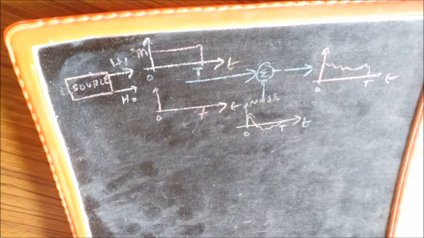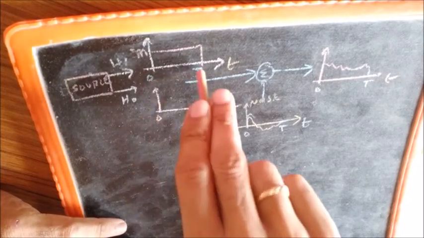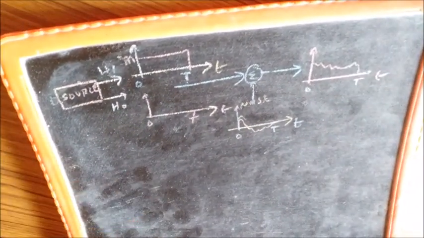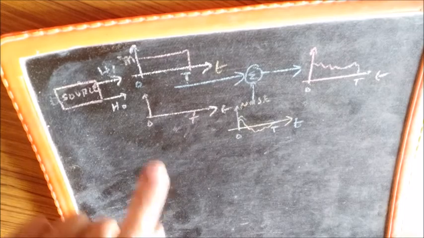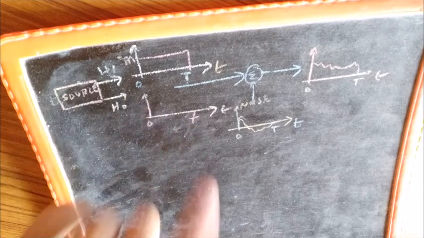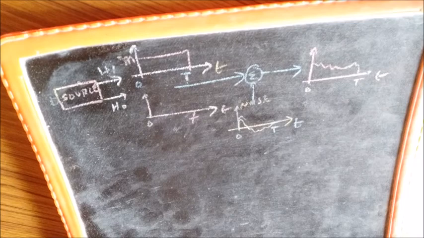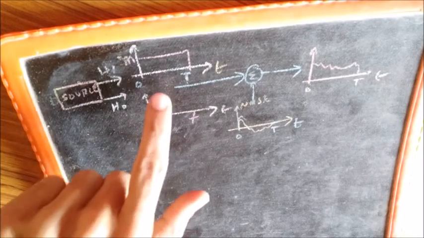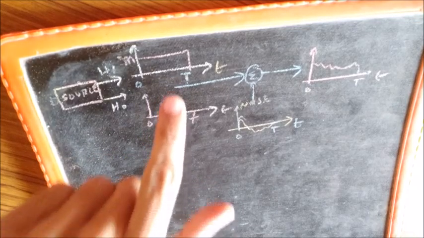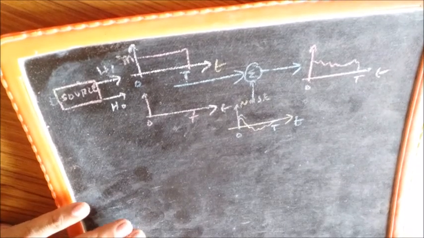And the system is such that when H1 is the true hypothesis, a pulse of duration capital T and constant amplitude M, that could be voltage or current, is transmitted. And if it is H0 that is the true hypothesis, then it is switched off. So if it is H1, H1, H0, H1, then we will have this first pulse, followed by the same pulse, then switch off, and then again this pulse. So this is how it is going to look if H1, H1, H0, H1 is the sequence, just as an example.